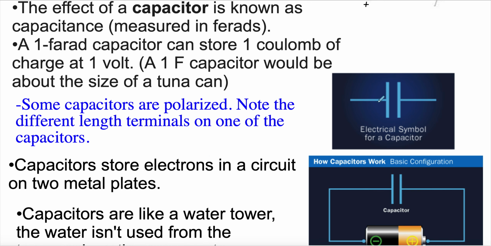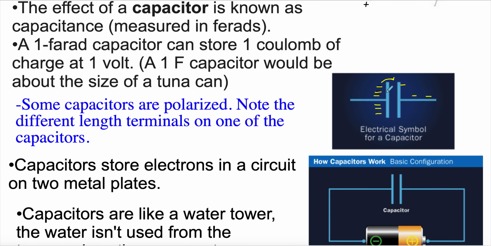Okay, so this is the electric symbol for a capacitor, and remember when I explained this, these have a specific amount of electrons that are allowed on these plates. So once they build up enough electrons, one of them will hop over, and then that's how we continue the flow of electricity here.